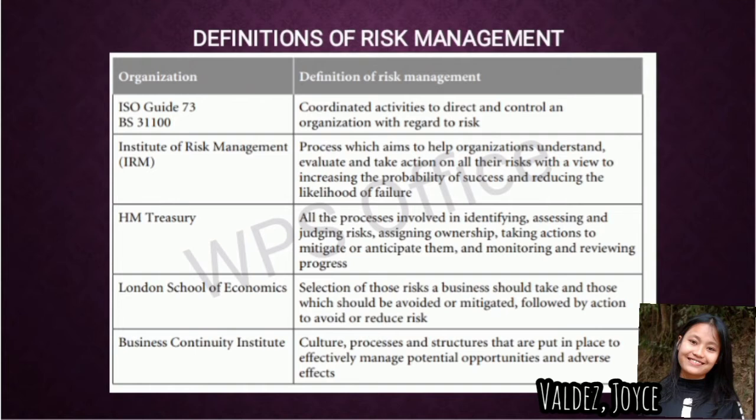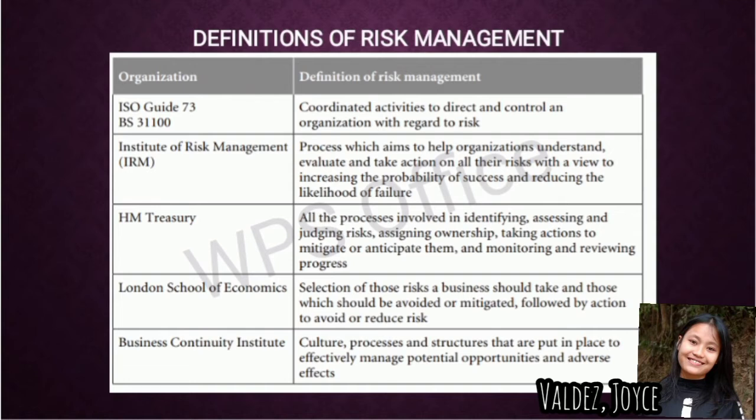And then, based on the London School of Economics, selection of those risks that a business should take and those which should be avoided or mitigated, followed by action to avoid or reduce risk.